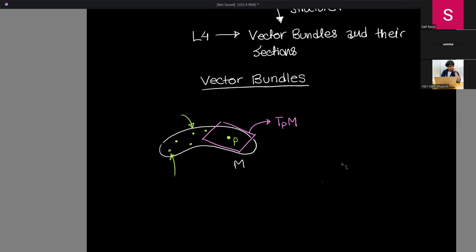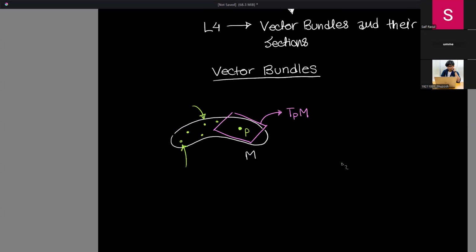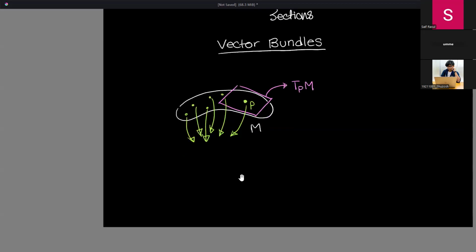If we want to get the tangent space to stretch over the entire manifold, that tends to imply that we're going to expand the tangent space. But what we're really going to do is take the union of all of these spaces. I've only drawn a subset of them, but you have to think that this is every point on the manifold.